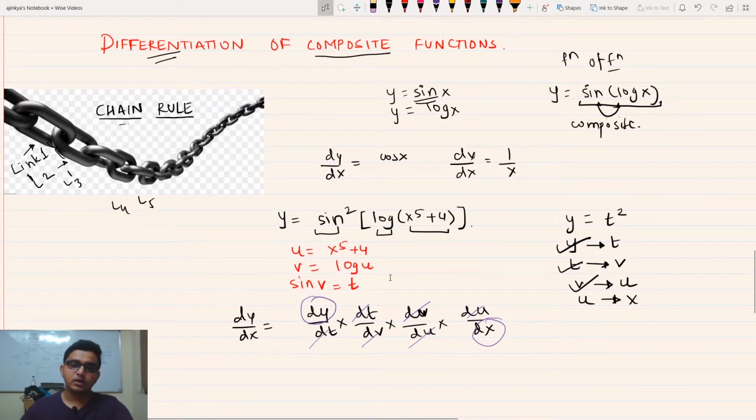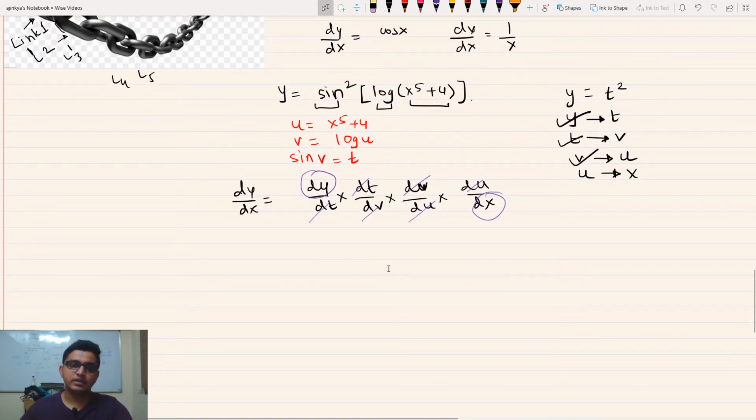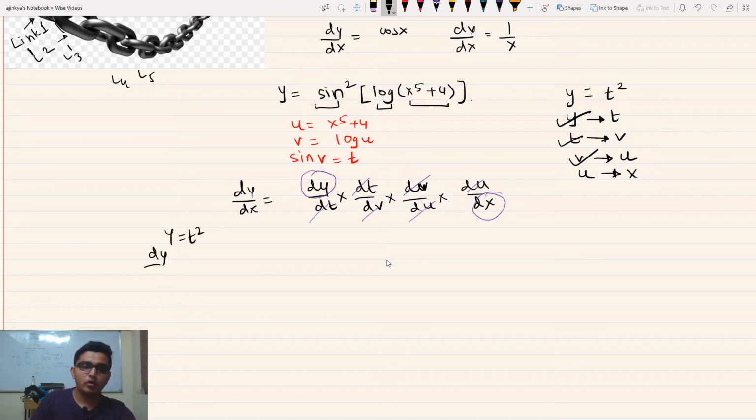Now in order to understand, we'll just drag it down here. Now we have dy upon dt. So y equals t square, so dy upon dt is 2 times t. Now t equals sine of v, so dt upon dv, when differentiated, will give you cos of v.